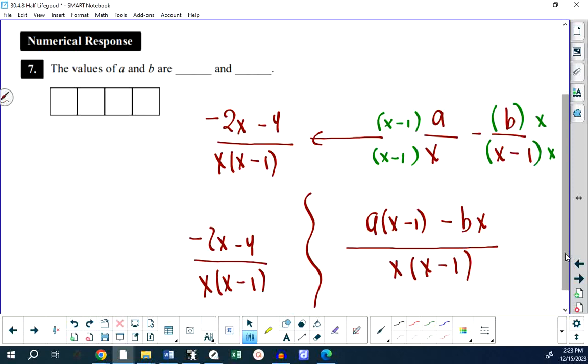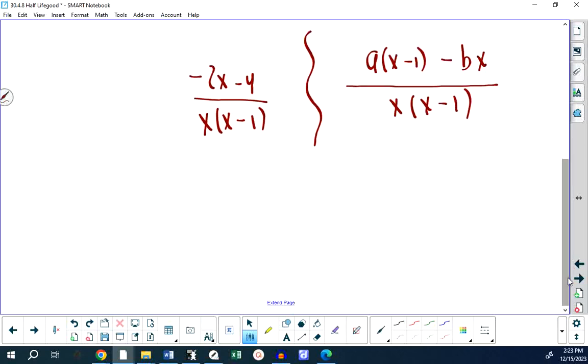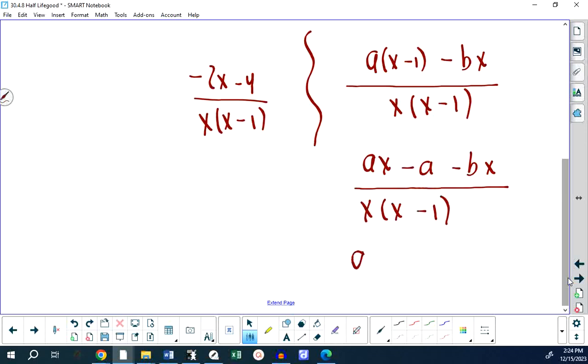And that means my numerators have to be the same. So let's keep that in mind, and I'm going to simplify this. ax minus a minus bx over x times x minus 1. And I'm going to rearrange the top of this just ever so slightly.